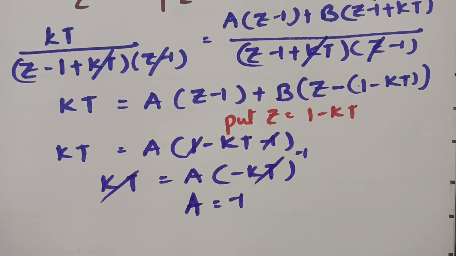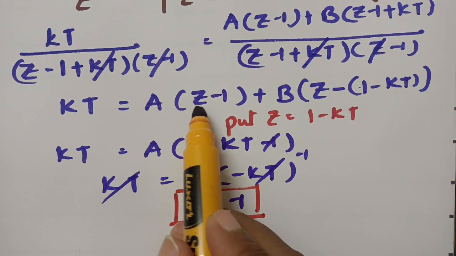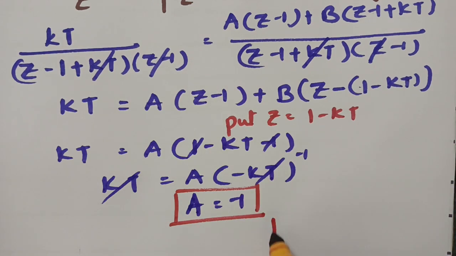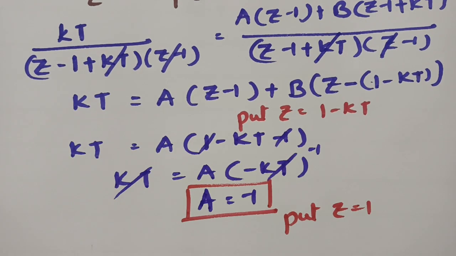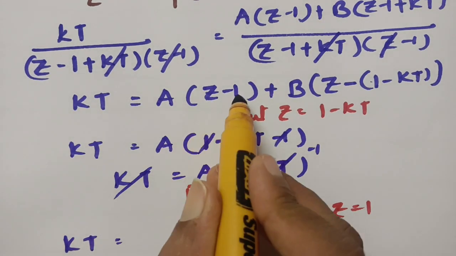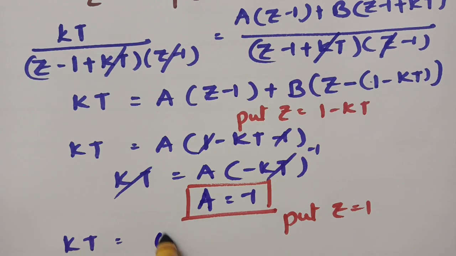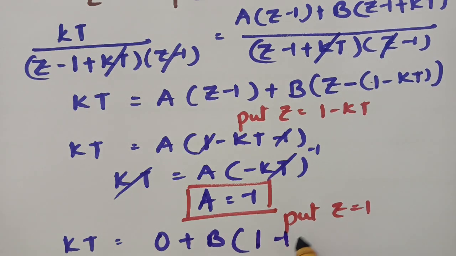Clear? And in order to get the B value, I have to make A zero. So now I'll put z equal to 1. So kt is equal to A times (z minus 1), which is 0, plus B times, in place of z if I keep 1, minus 1 plus 1 plus kt.